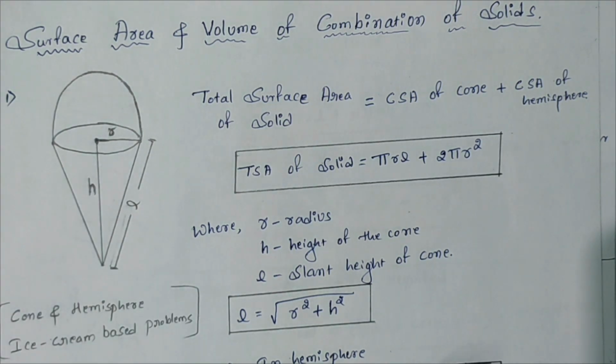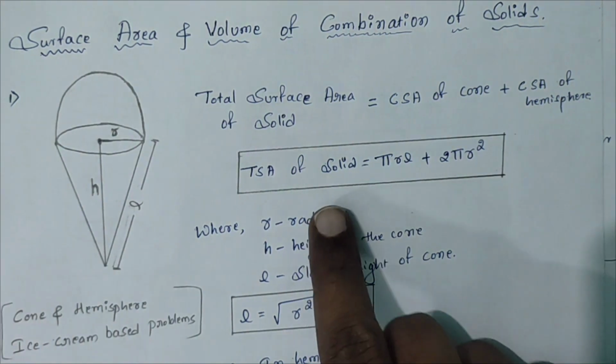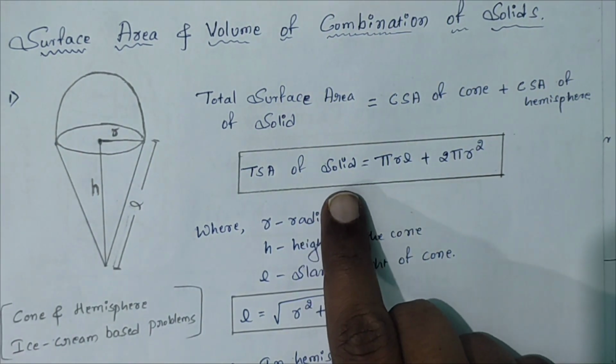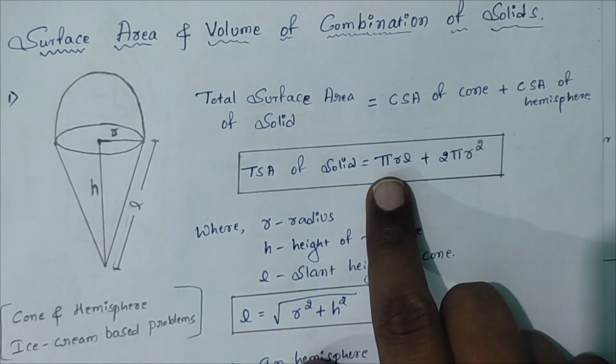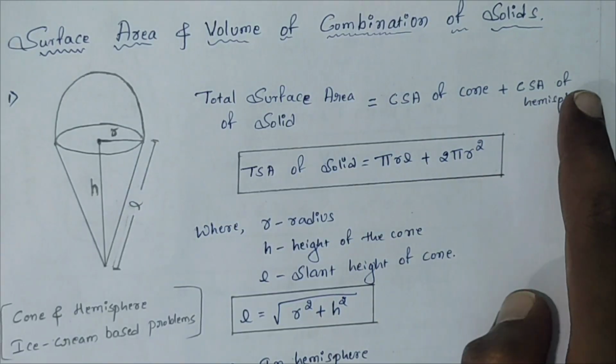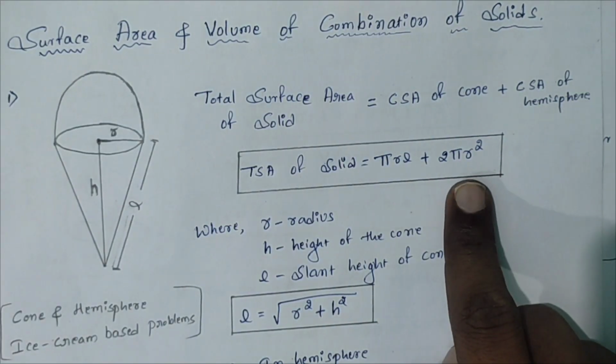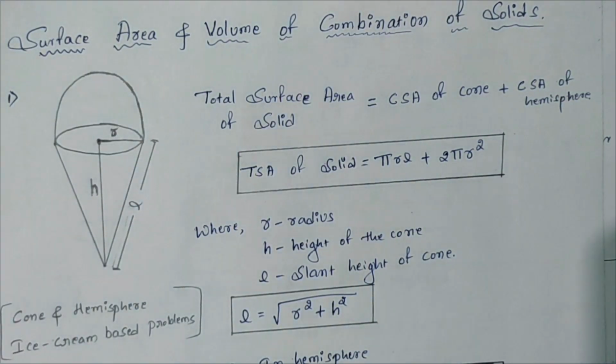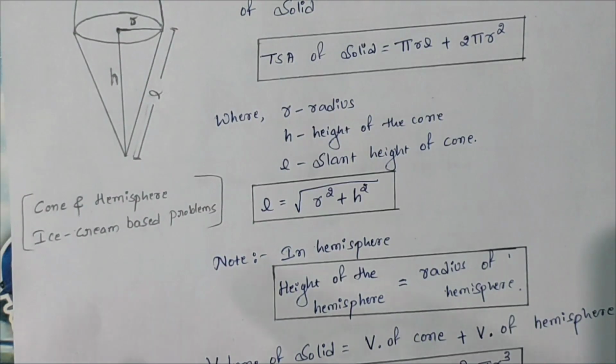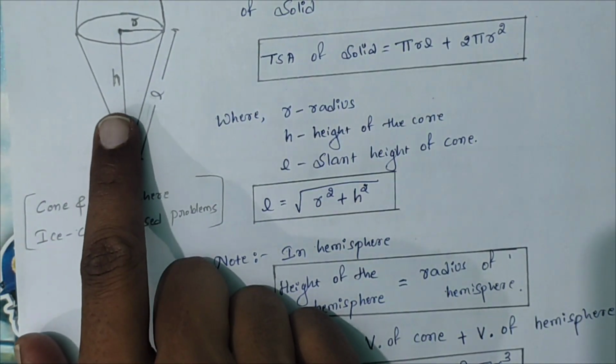That is, total surface area of solid is equal to CSA of cone, pi r l, plus CSA of hemisphere, 2 pi r square. Now here I have a cone.